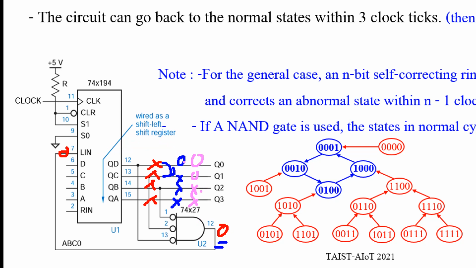If x, 0, 0 is still not true for this AND gate, the output is still 0. When the clock ticks, it goes to 0, 0, 0 here, and now this condition comes true. That means if the clock ticks again, you feed this logic 1 into the next state at this position, and the 0, 0 shifts here. So 0, 0, 0, 1 is one of the normal states.